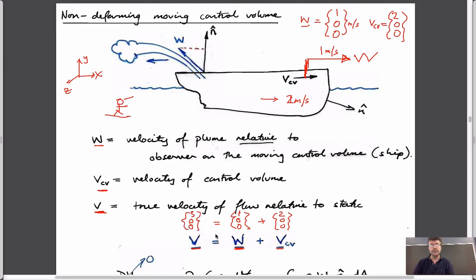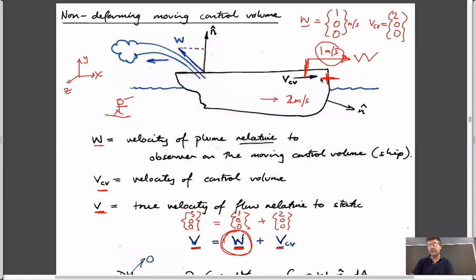And so when we accommodate the conservation equation, we have to accommodate relative to the control volume. The velocity that's of interest to us, that we conserve the mass flow rate with, is the relative velocity at which it crosses out of the boat, not the absolute velocity relative to the static observer. And of course, that makes perfect sense, right?